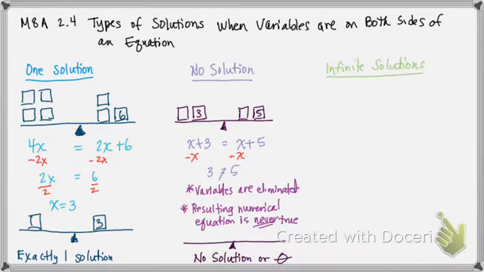Okay. And so in that picture of our balance, we're going to have a mystery box, and then a second one that has a 4 in it, and it's balanced on the other side by a box and another box with a 4 in it.